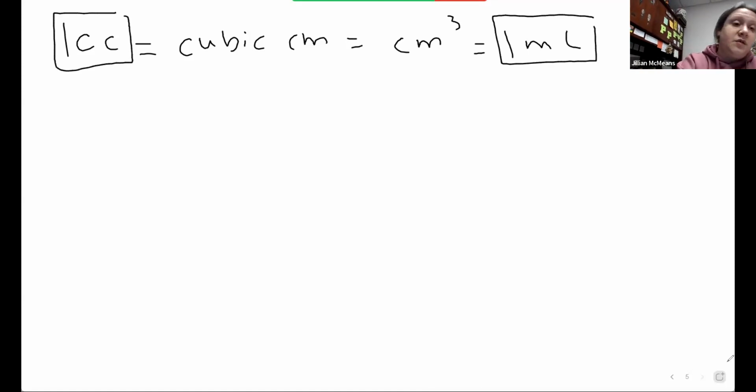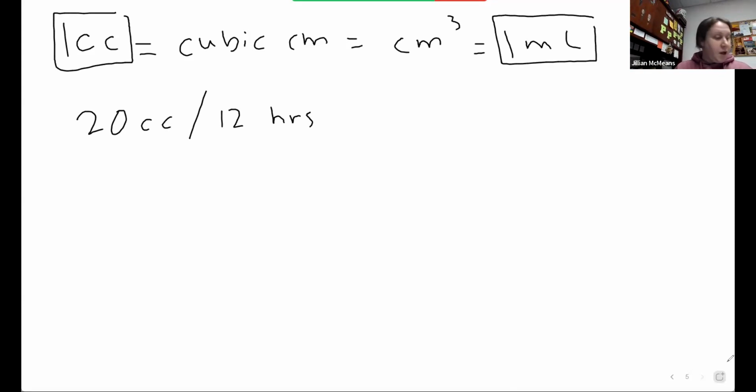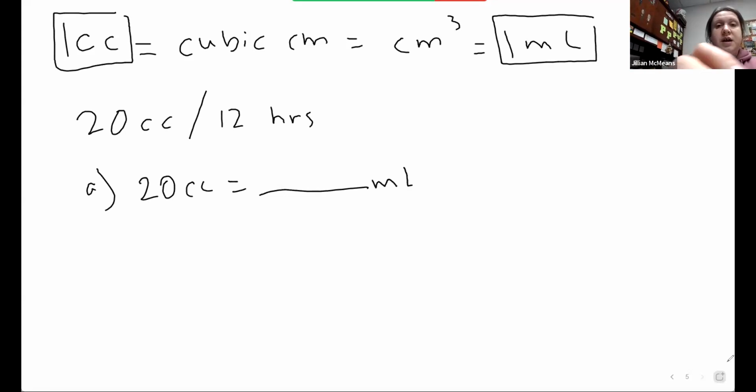Now, this particular physician prescribed 20 cc's every 12 hours. Okay, so the first thing we want to know is how many milliliters should be administered. So 20 cc's, we need to first convert it to milliliters. And remember, I just told you that 1 cc is equal to 1 milliliter.